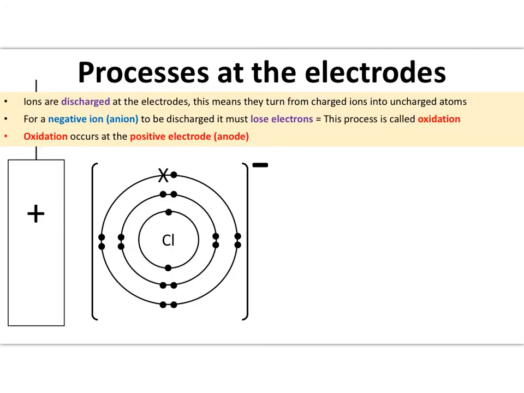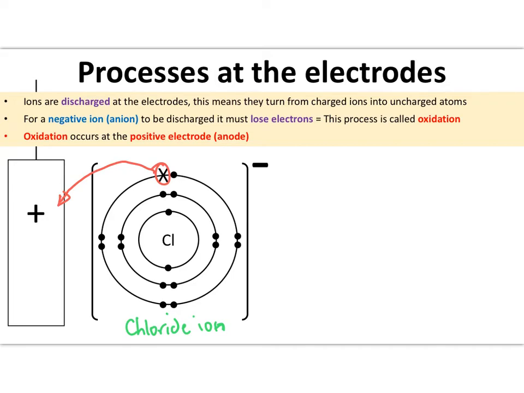Okay, so let's try and understand this discharging a little bit better. So here what we've got is a chloride ion, and it's being attracted to the positive electrode. When it gets there, the extra electron, the electron that makes it a negatively charged ion, is going to be lost.